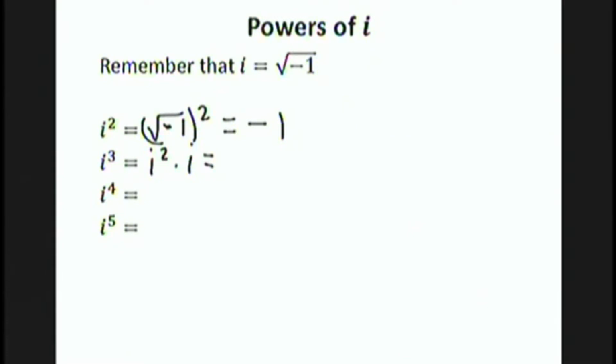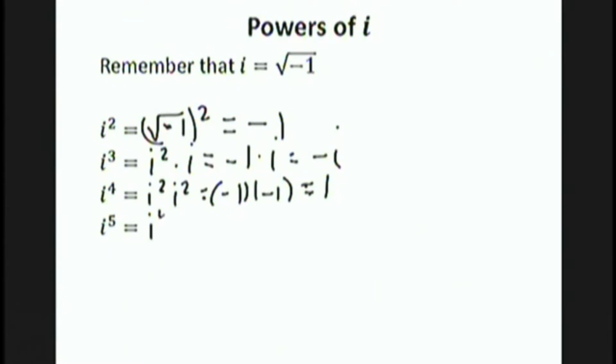So that's -1 times i, which is just -i. i to the 4th, well, we could think of that as i squared times i squared, which is -1 times -1, or +1. i to the 5th, well, that's i to the 4th times i. Oh, that's just 1i, which is i.